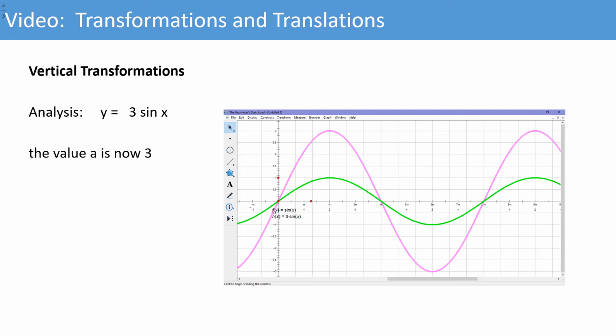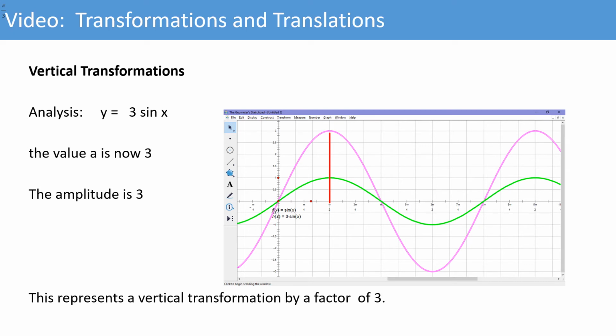The value of A from the equation is now 3. The amplitude is 3. So we can make the connection that the number in front of sine does represent the amplitude. And this represents a vertical transformation by a factor of 3.